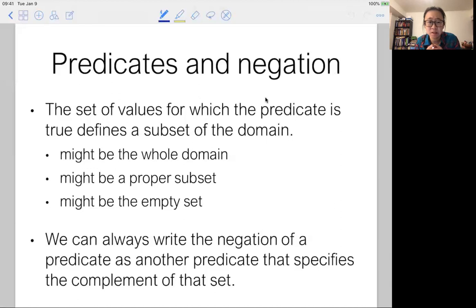And sometimes nothing in the domain makes the predicate true, so the part of the domain where the predicate is true is the empty set. We can always write the negation of a predicate as another predicate that specifies the complement of the set. If a predicate is always true for everything in the domain, then its negation is true for nothing in the domain. Again, this is better understood through some examples.